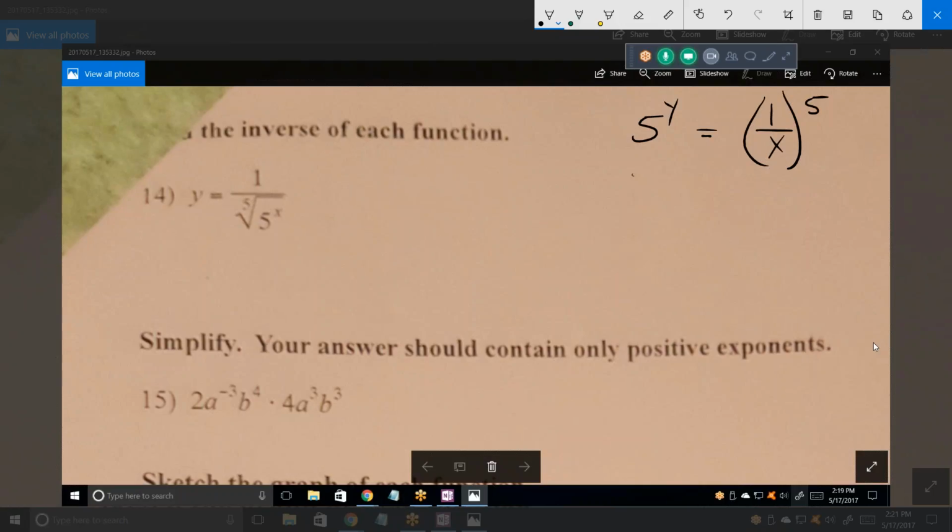Well, first of all, let's simplify this. It's 1 over x to the 5th. And now, there's a couple of ways to do this. We could take the log base 5 of both sides.